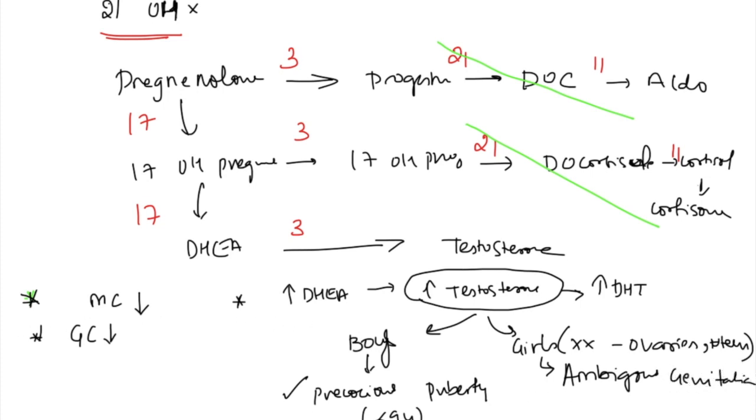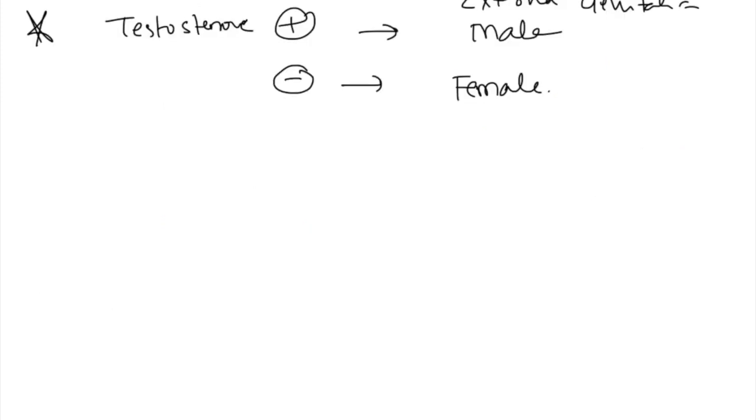If there is ambiguous genitalia in a female, it is called female pseudohermaphroditism.